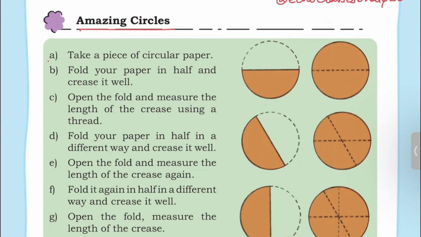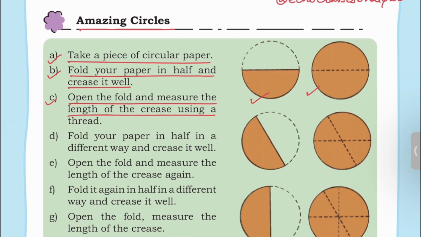Amazing circles. A. Take a piece of circular paper like this. B. Fold your paper in half and crease it well like this. C. Open the fold and measure the length of the crease using a thread. You have to measure this length.